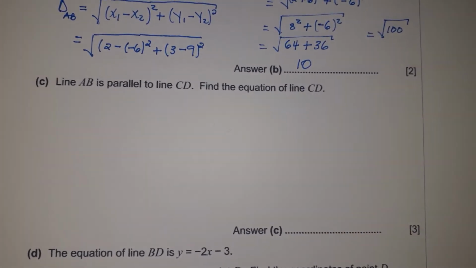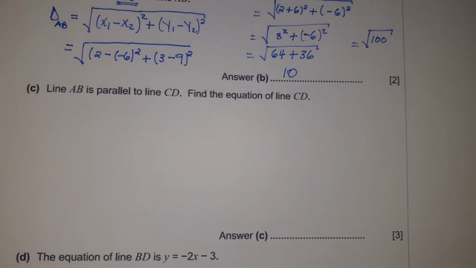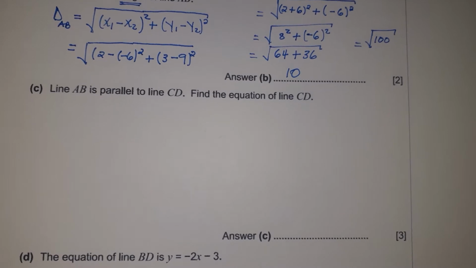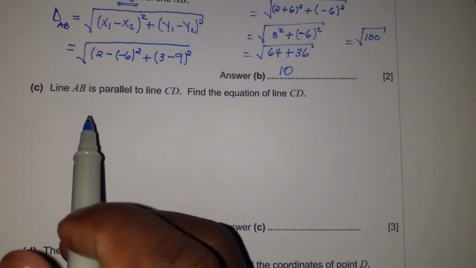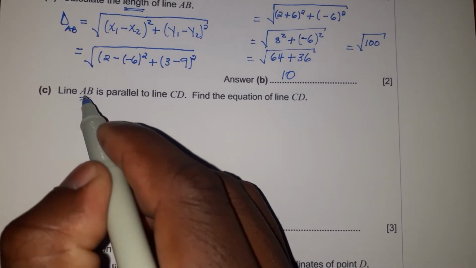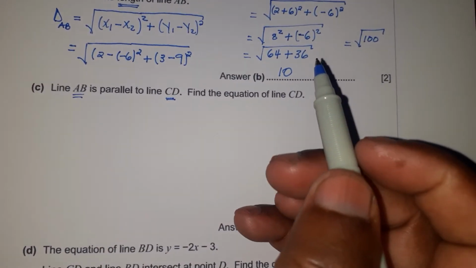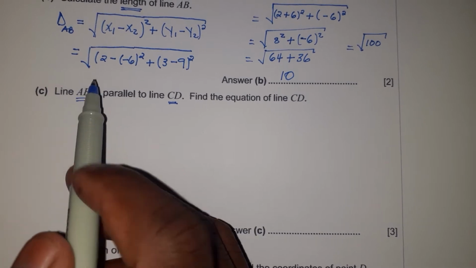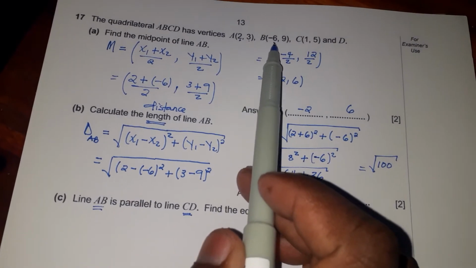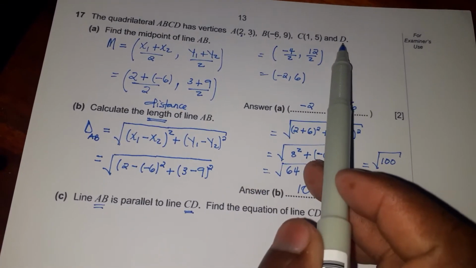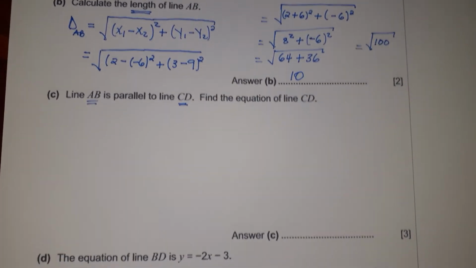Now here what we need to do, since line AB is parallel to line CD, we can calculate, since we are given the coordinates of AB, A and B we are given, while for D we are not given. So let's use the coordinates of A and B to calculate the gradient.